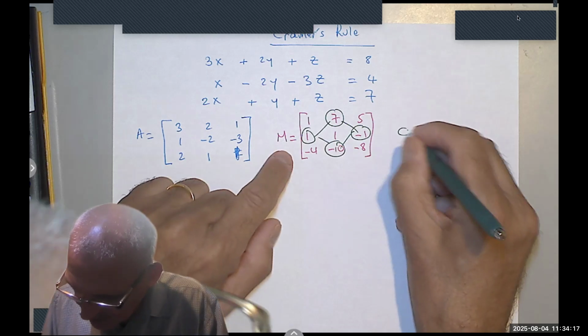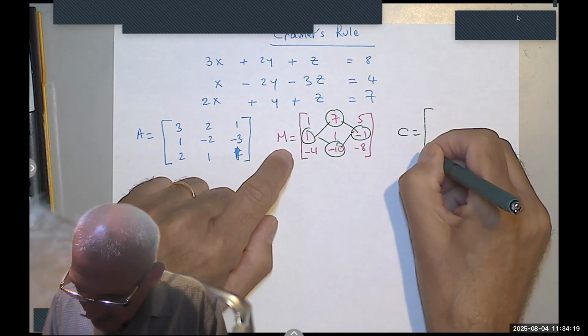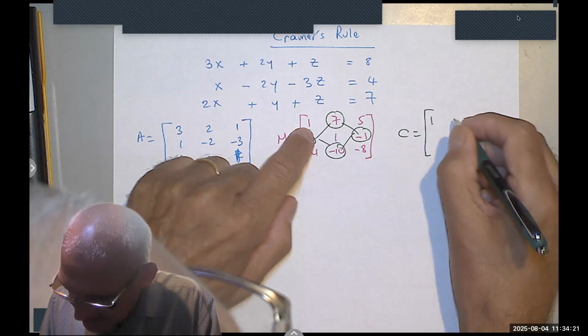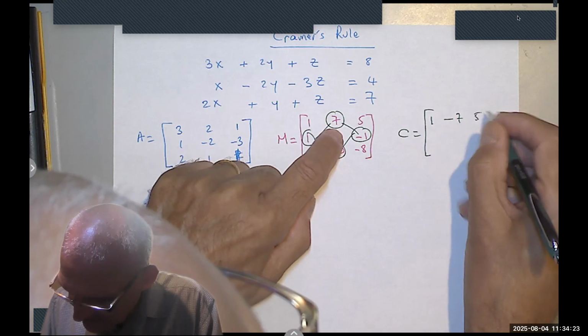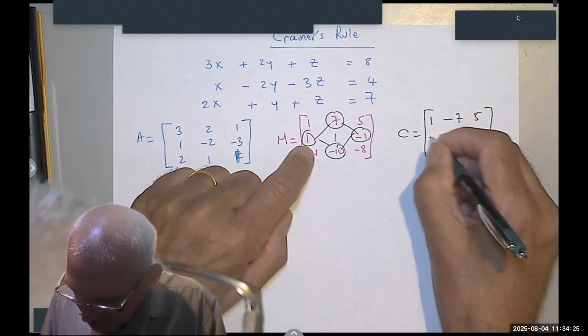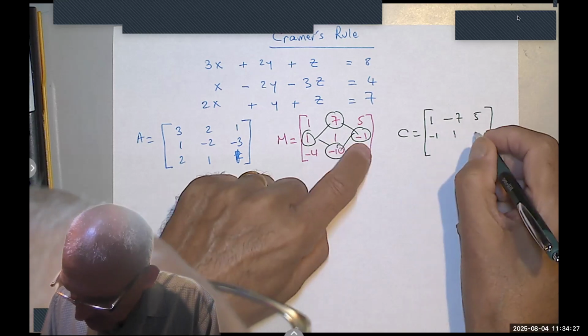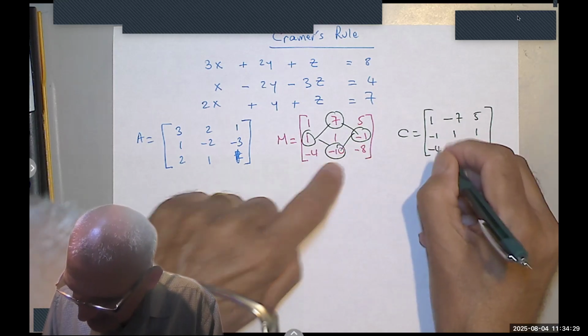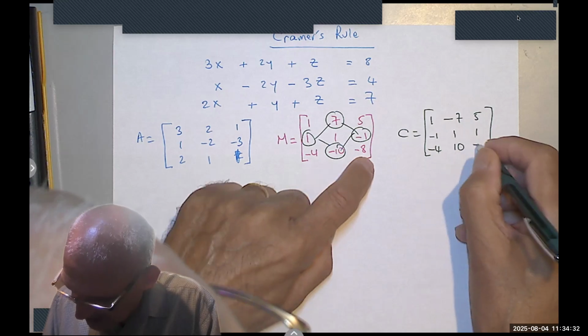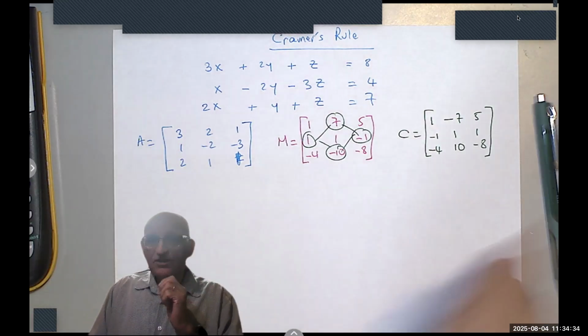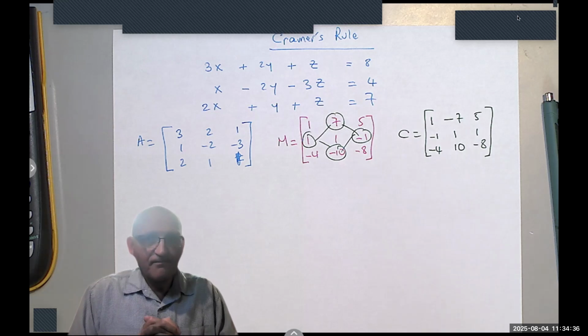So to get the cofactor, 1 stays, 7 changes, 5 stays, 1 changes, 1 stays, negative 1 changes, negative 4 stays, negative 10 changes, and negative 8 stays. So that's the matrix of cofactors.